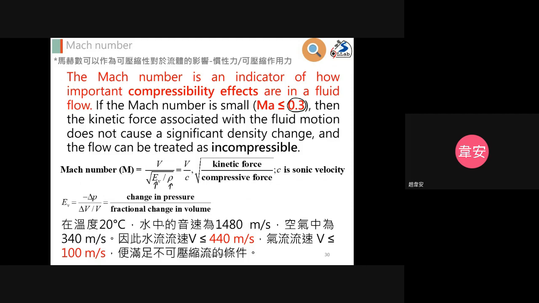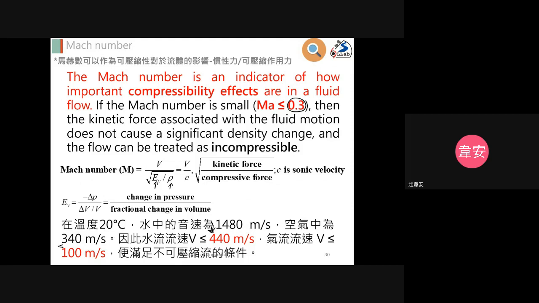So if our flow velocity is less than 440 meters per second, or the air speed is less than 100 meters per second, then we will have a Mach number less than 0.3. So our fluid problem satisfies incompressible conditions.